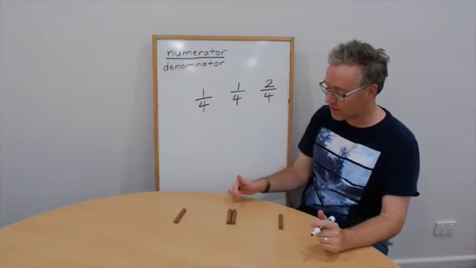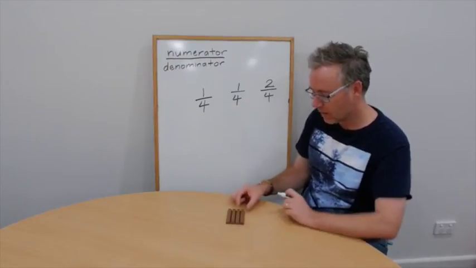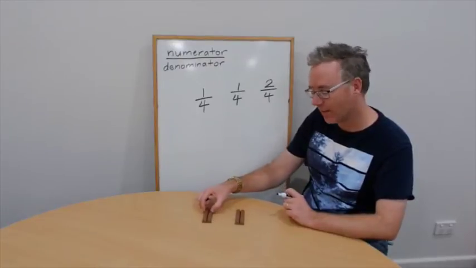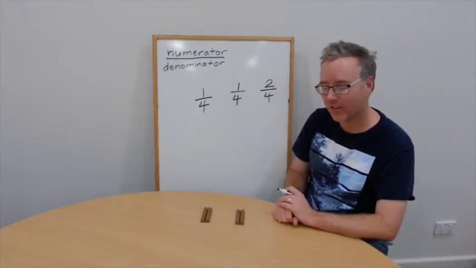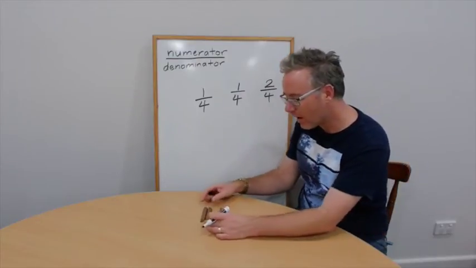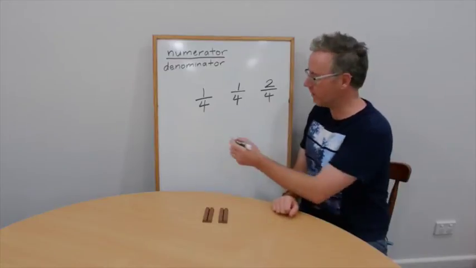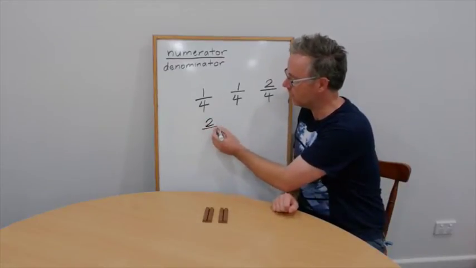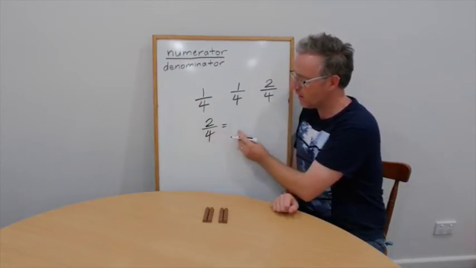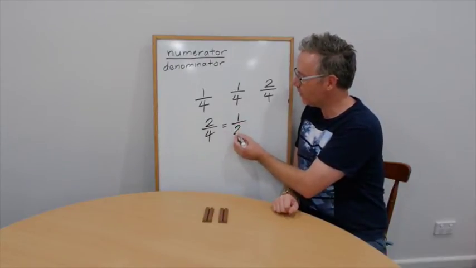Now you'll also notice that I actually wrote here that the 2/4 left over, I wrote as 2/4. But many of you will know, hey Mark, I know another way that we can write 2/4. That is actually half of the whole.